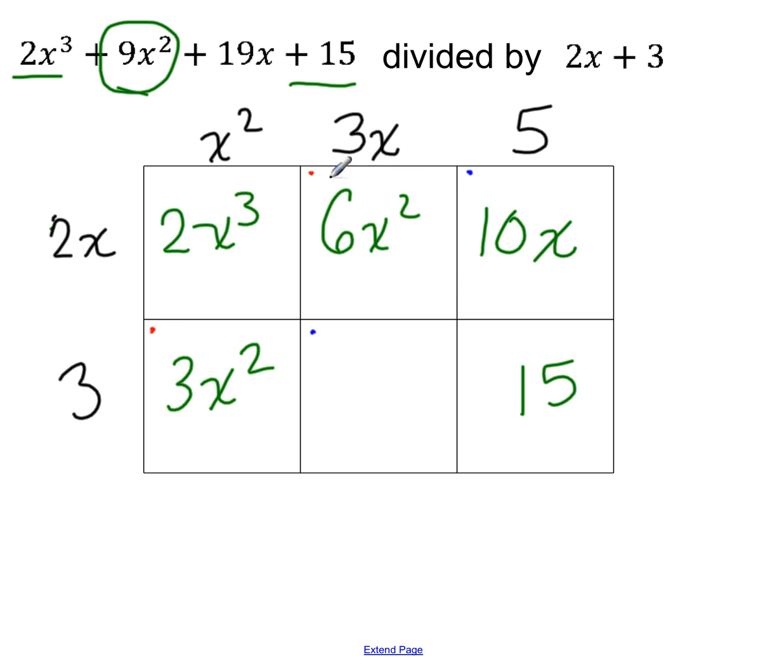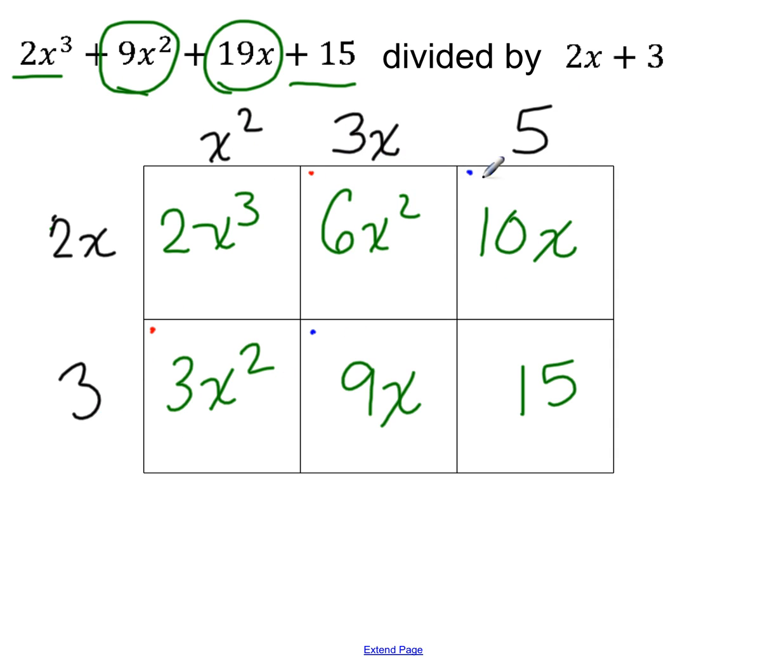Now, if I multiply 3 times 3x, I get 9x. And if I combine my two blue marked boxes, I have 10x and 9x, which gives me my 19x, which is listed right here, which would then combine to give me exactly what I wanted. So what is my final answer?